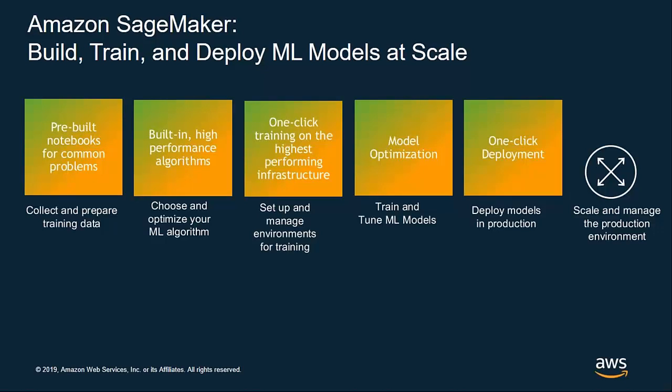And once you have your trained models, with Amazon SageMaker, you can do one-click deployment to either the cloud, so you can serve predictions in real time and low latency, or you can deploy your machine learning models to run batch predictions on large amounts of data sets that don't require low latency. You can also take these machine learning models and deploy them on the edge through AWS Greengrass.